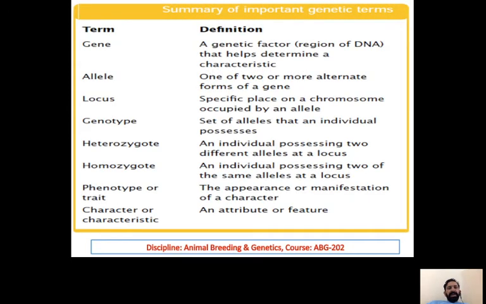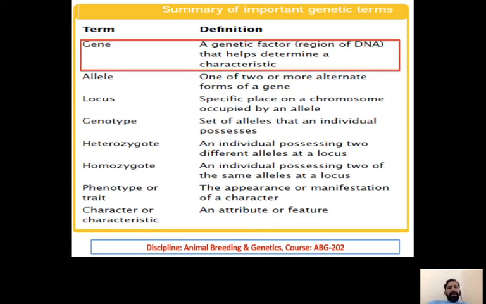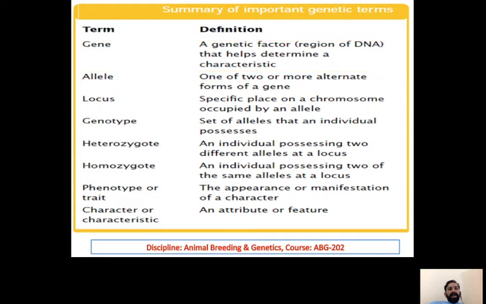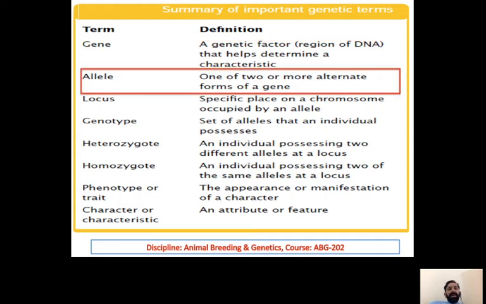Now there is some genetic terminology which we must know, as inferred from the studies of Mendel. Gene: a genetic factor, or now it could be called a region of DNA, a strand of DNA that helps to determine a character. That's called the gene. Then the allele: one or more alternate forms of a gene.